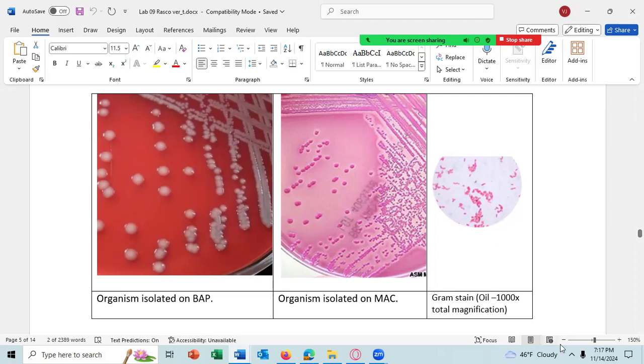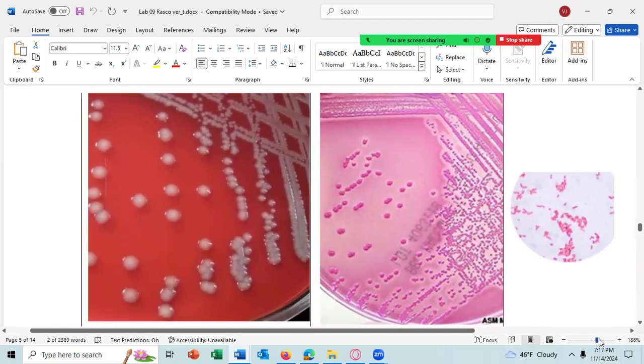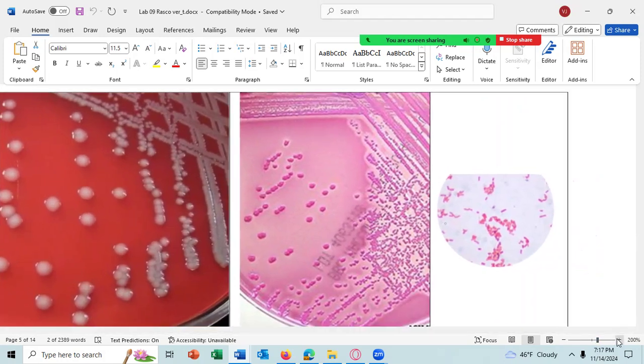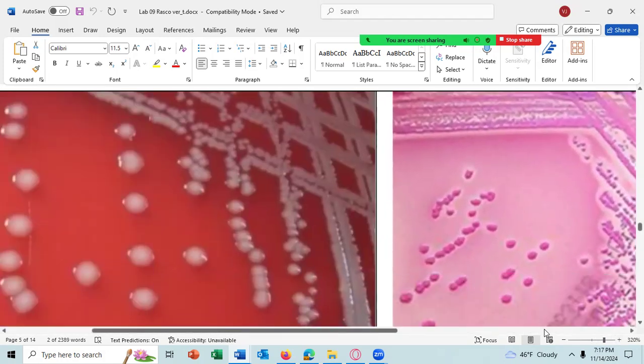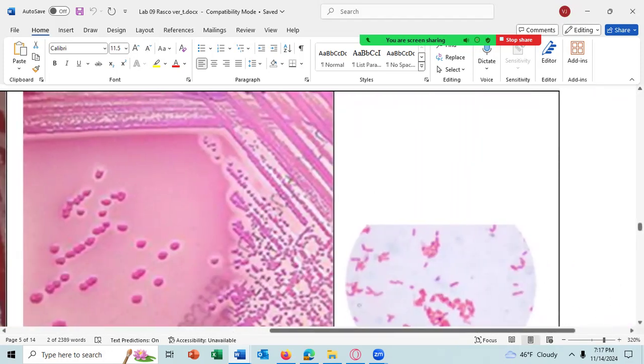And then we have the gram stain there, which you have to blow up tremendously to get it so you can see it. Hopefully you can see what it is there.